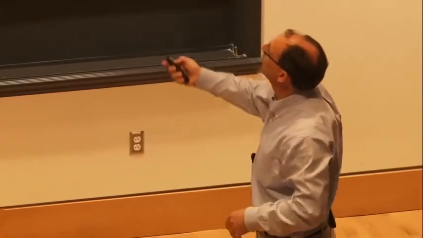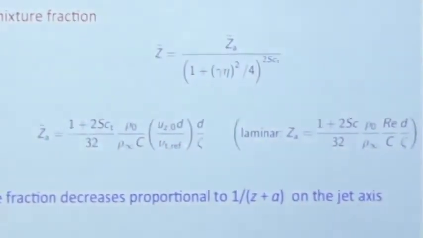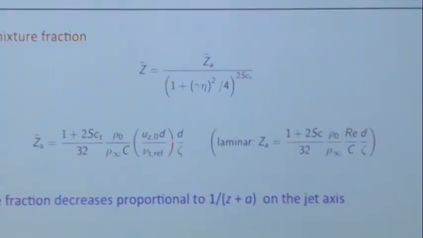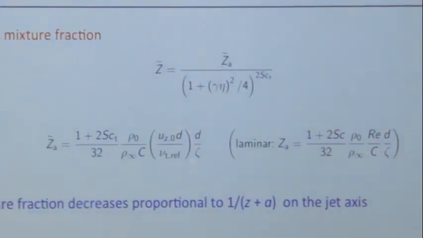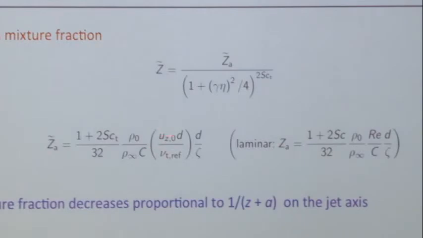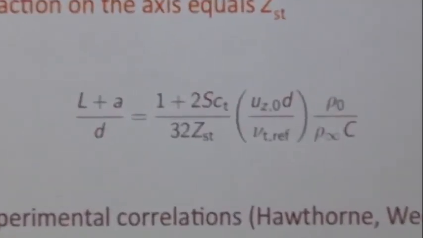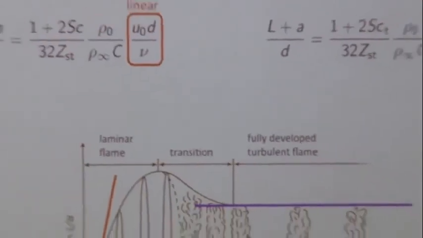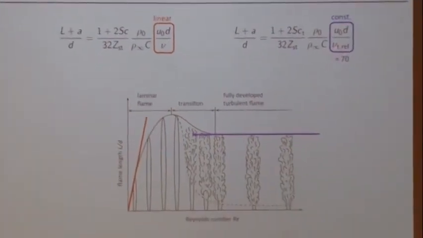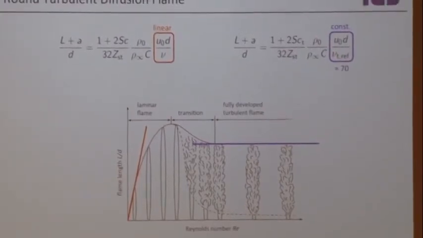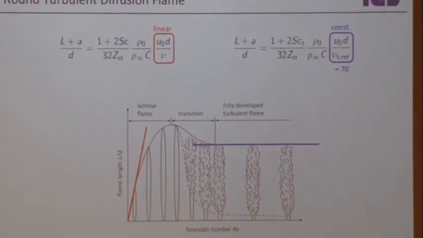Okay? So replace this here by U naught times D, and you see these actually drop out, and it's just a constant. It turns out from experiments that this ratio here is roughly constant, which is easy to understand, and it's roughly a factor of 70.